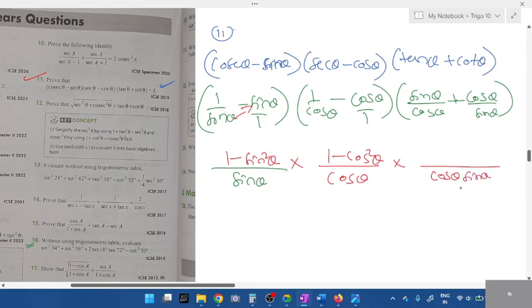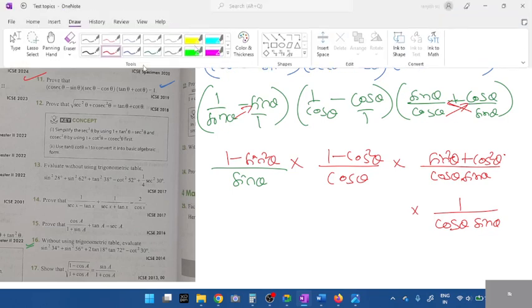If denominators are different, write it together and cross multiply it. If you cross multiply sin square theta plus, what is sin square theta plus cos square theta? What is 1 minus sin square theta? So use square relation, all of you.